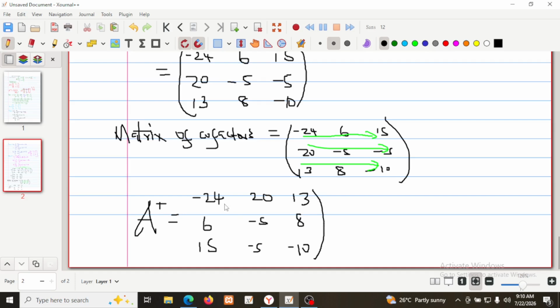So this is the transpose of the matrix. So we get to determine the inverse of the matrix.